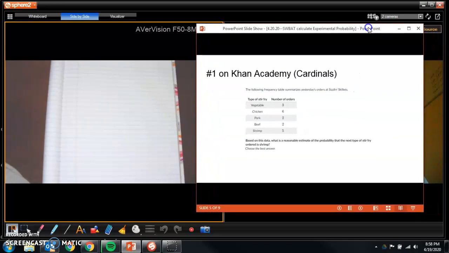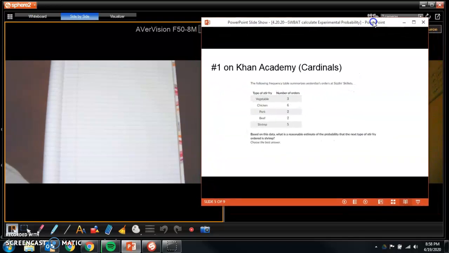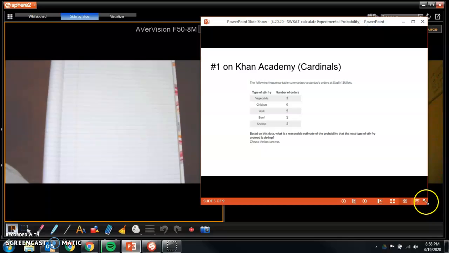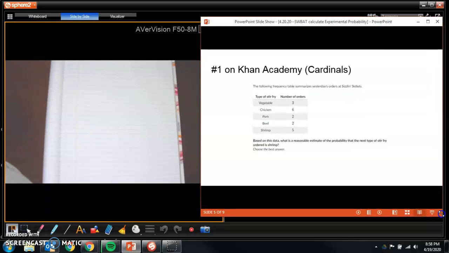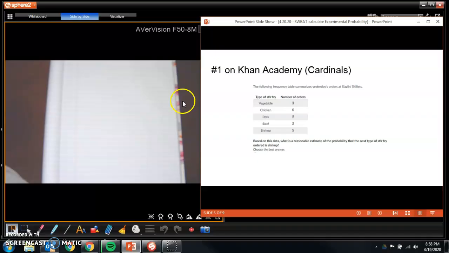So Cardinals, here is your number 1 Khan Academy assignment question on experimental probabilities. It reads, the following frequency table summarizes yesterday's orders at Sizzlin' Skillets. So we have types of stir fry, we have number of orders. Based on this data, what is a reasonable estimate of the probability that the next type of stir fry ordered is shrimp?